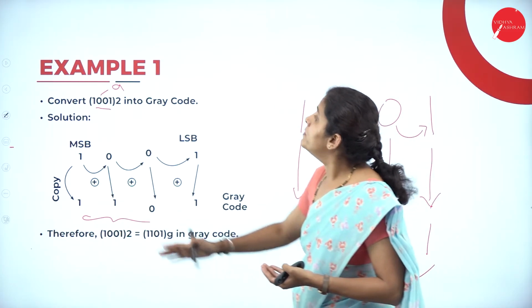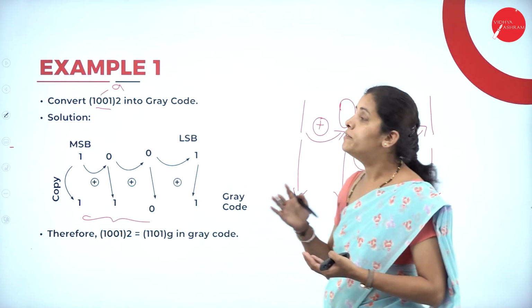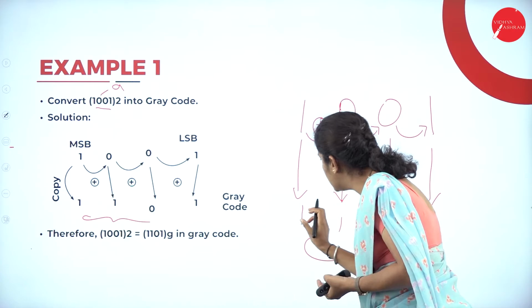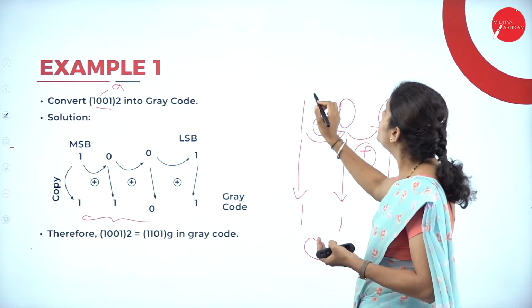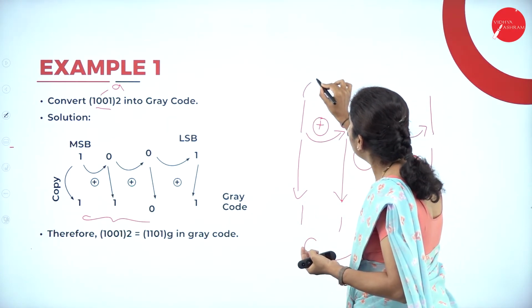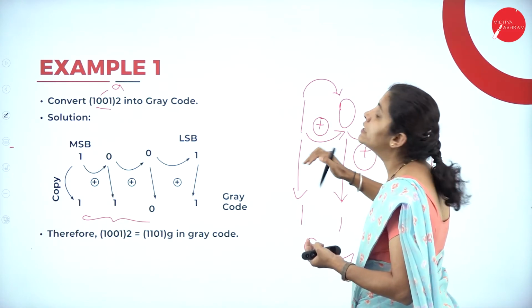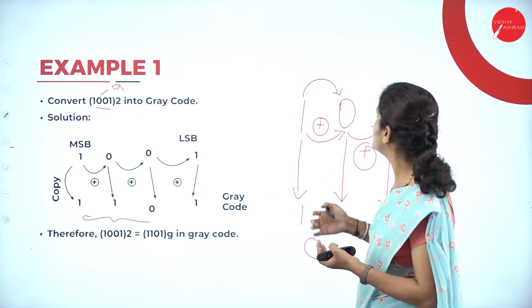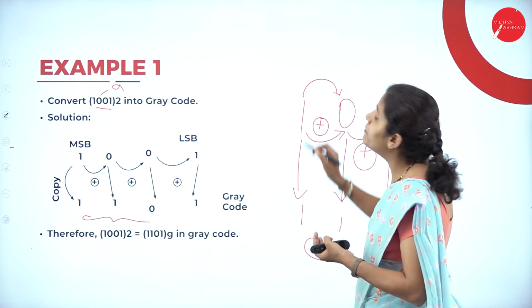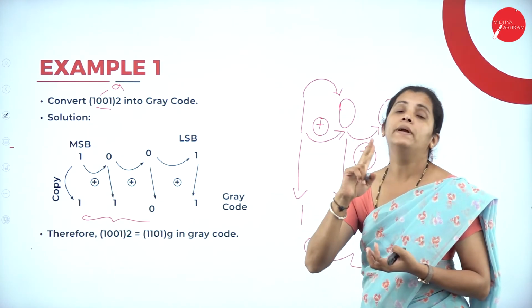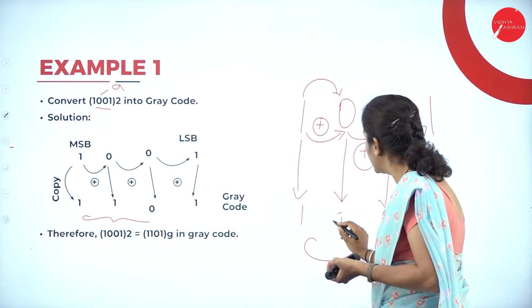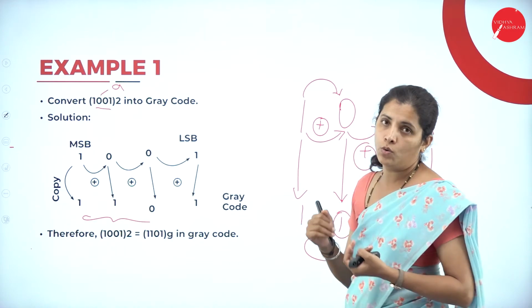To perform binary to gray code, first I want to copy the MSB bit as it is. Now I want to add the MSB bit with the next bit, that means I want to perform the XOR operation. If both the bits are different in XOR, I'm going to get the output 1.